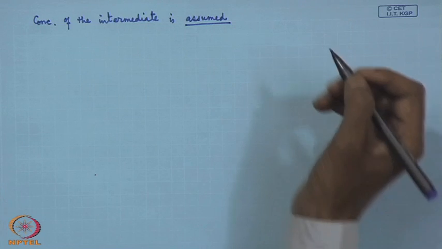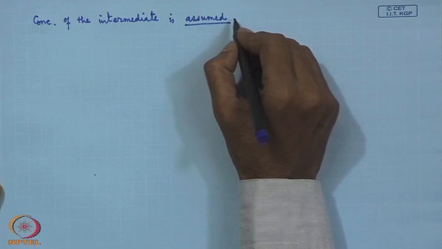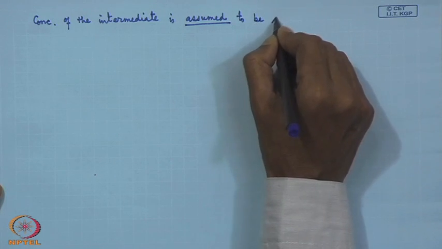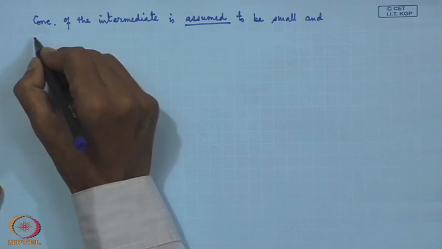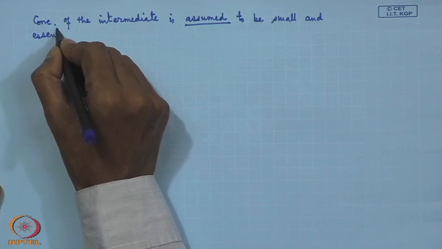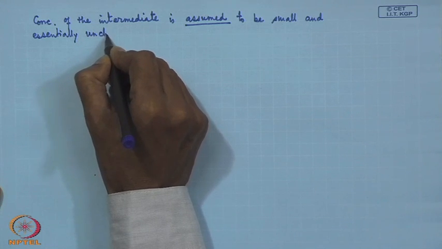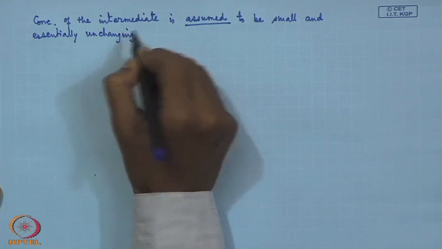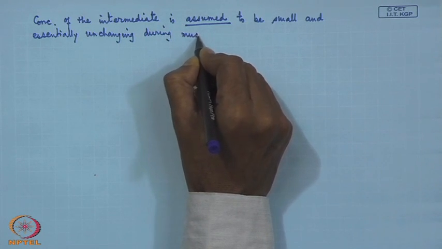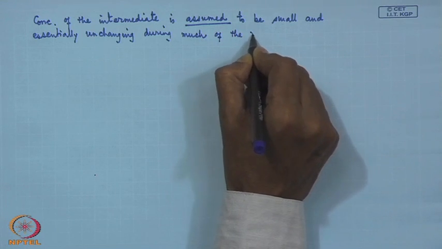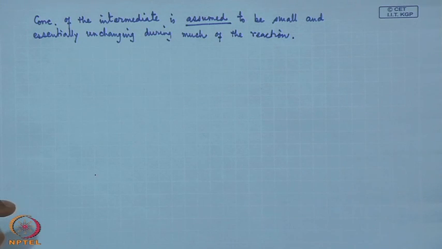That is the approximation for the steady state, which is reached for the conversion to the product: the intermediate concentration is assumed to be small and essentially unchanging, or not changing, during much of the reaction, or during the course of this particular reaction.